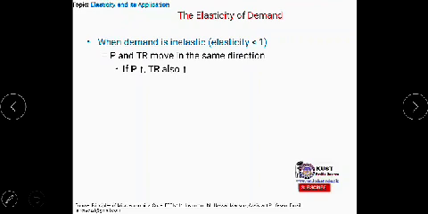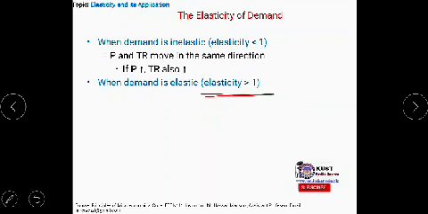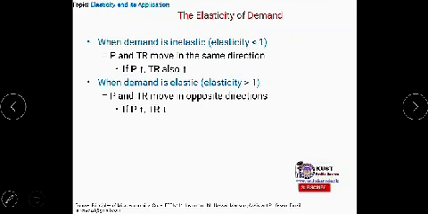On the other hand, when demand is elastic, the elasticity is greater than 1, like it will be 2, 3, 4, 4.5. And in this case, the substitutes are available for the elastic demand. So now the price and the total revenues move in the opposite direction, which means that if the price increases, the total revenues will decrease.